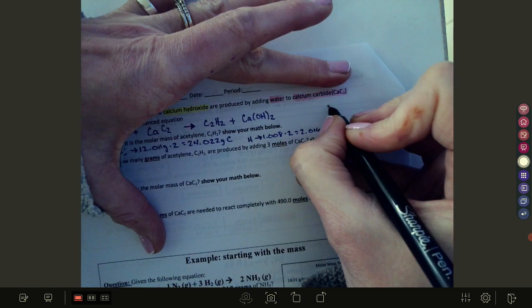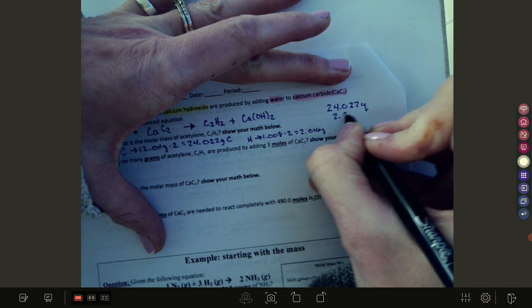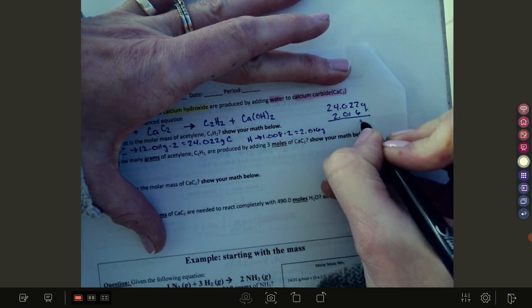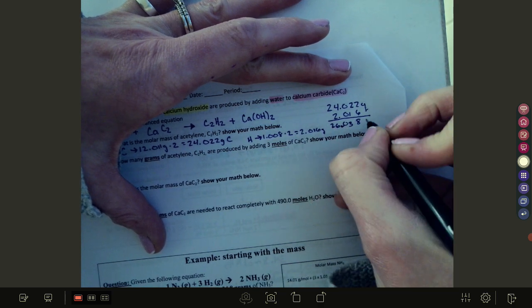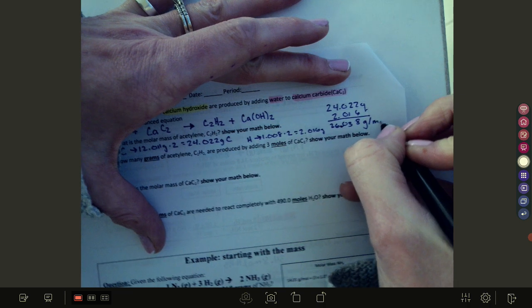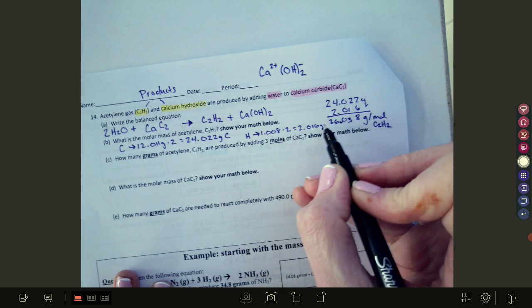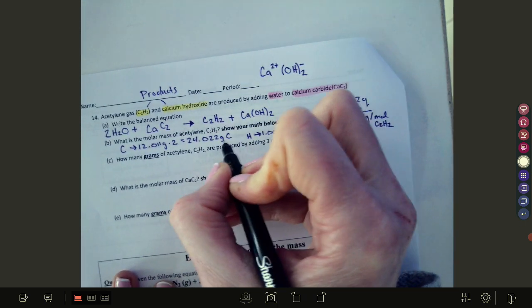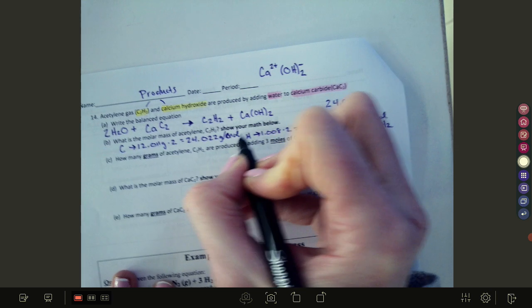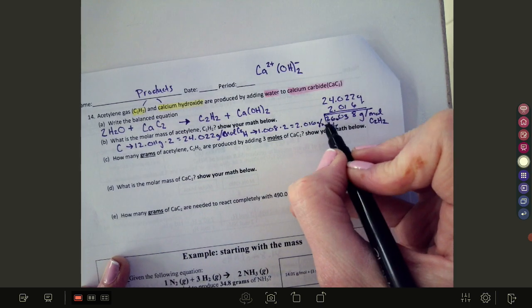So 24.022 plus 2.016, we get grams per mole of C2H2. This is grams per mole of H2 and grams per mole of C2. Okay, and we're just adding those together to get 26.038 grams.